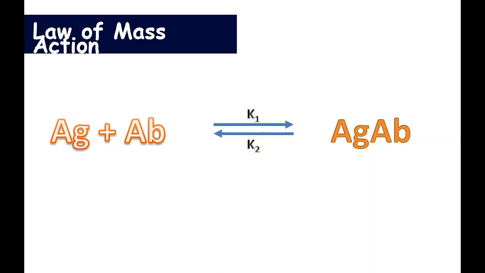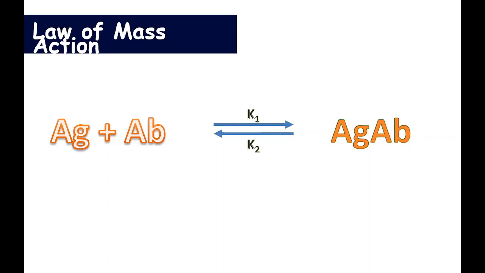The equilibrium constant represents the difference in the rates of the forward and reverse reactions according to the following equation. We have antigen and antibody with the rate constant for the forward reaction, or K sub 1, resulting in antigen-antibody complexes. And antigen-antibody complexes with the rate constant for the reverse reaction, K sub 2, will dissociate into antigens and antibodies.